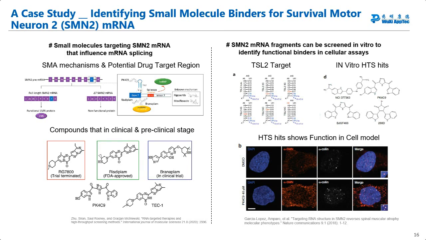Therefore, target-based approaches are promising to identify small molecules that can directly bind to SMN2 messenger RNA. More importantly, biochemical and cellular assays have been reported to test the efficacy of these compounds in vitro.